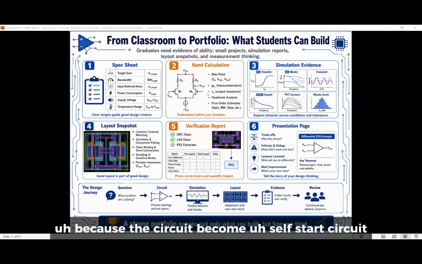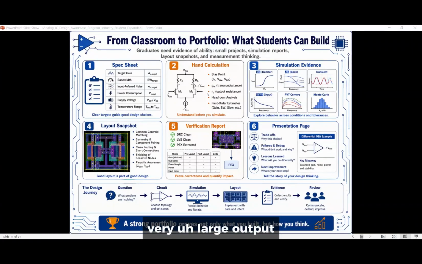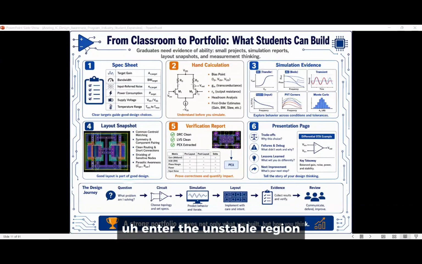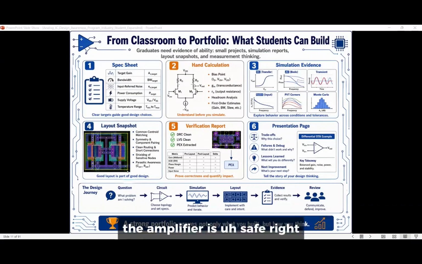Because the circuit becomes a self-oscillating circuit, which means that without any input, you have a large output. So this actually means the circuit has already entered the unstable region. So the transient simulation is useful when we design an amplifier, to make sure the amplifier is safe, right?